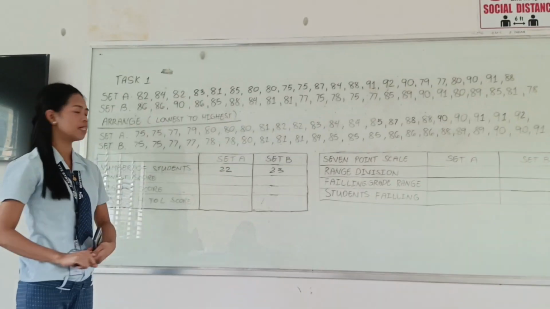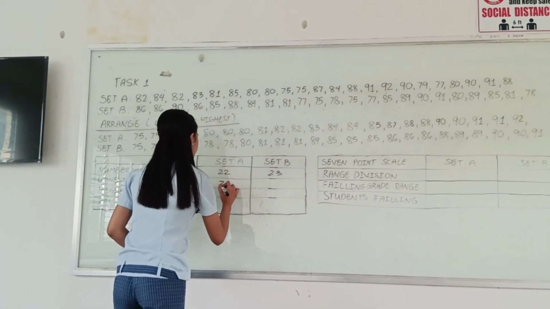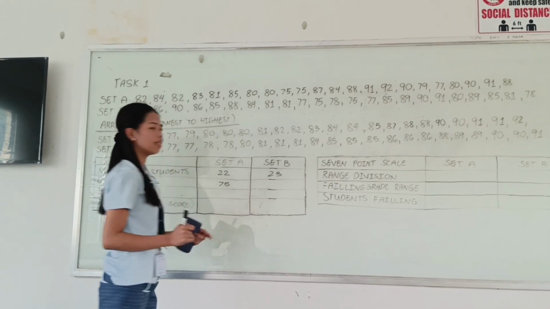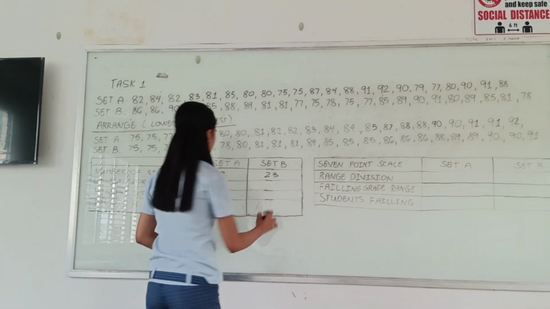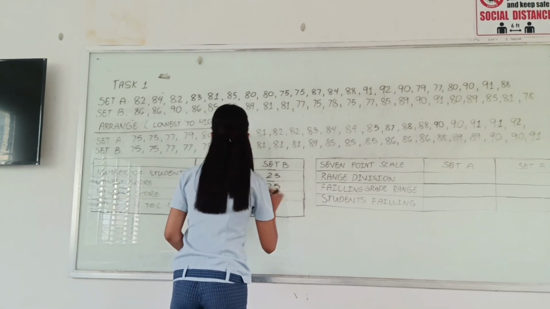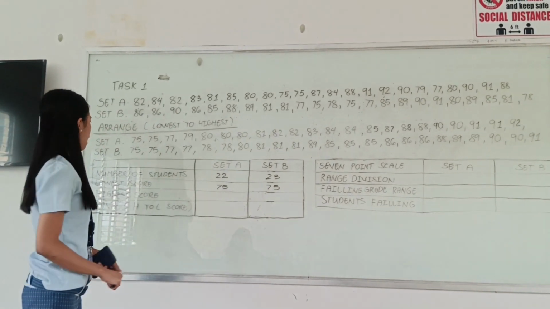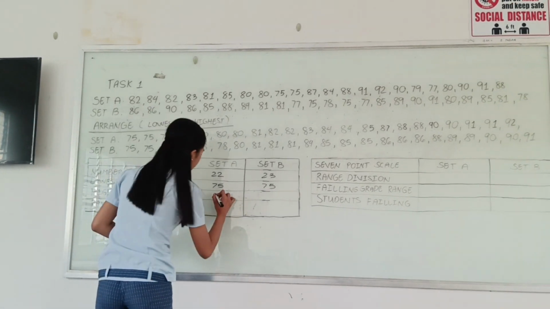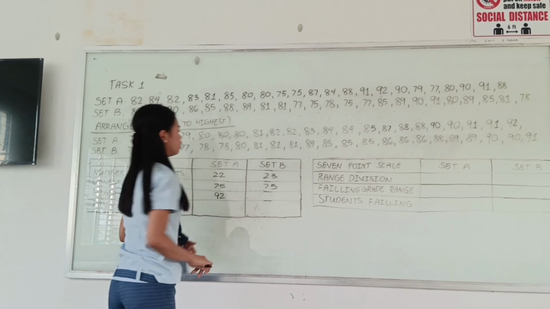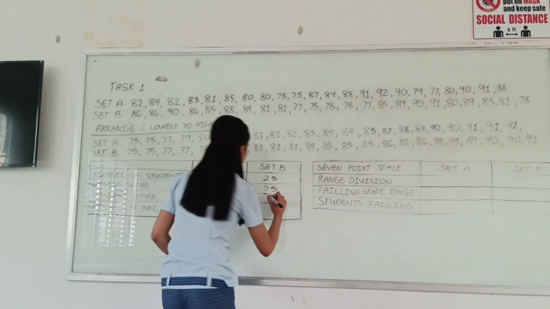In set A, 75 is our lowest score, while in set B, 75 is also our lowest score. In set A, 92 is the highest score, and in set B, 91 is our highest score.